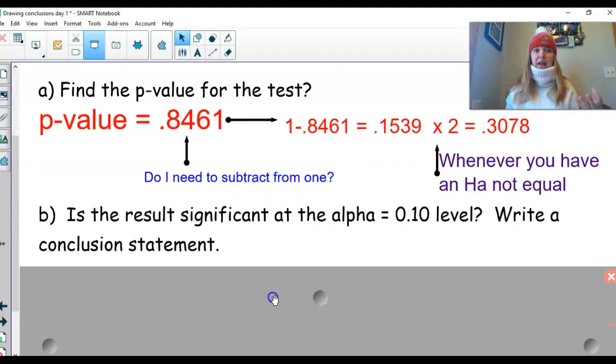Next, we have to decide, is the result significant at alpha equals 0.10? Write a conclusion statement. When you're being asked this question, that's saying again, how would you conclude? Look at the p-value, look at the alpha level, compare them and decide. So our p-value right here, 0.3078, is greater than our alpha.